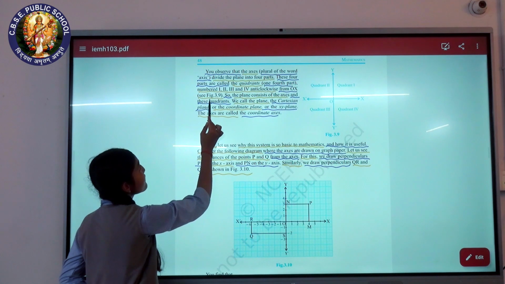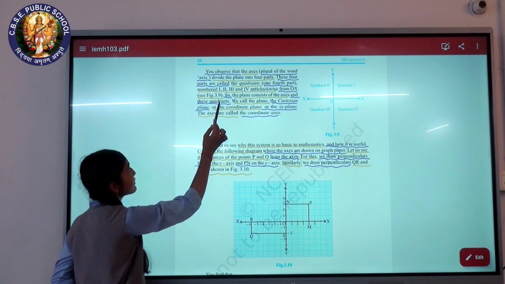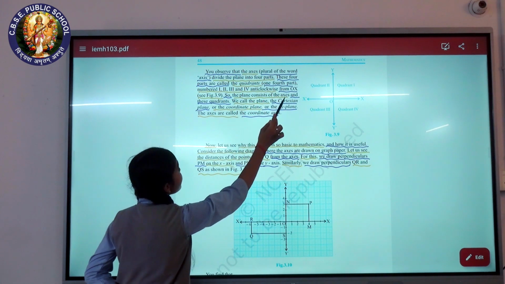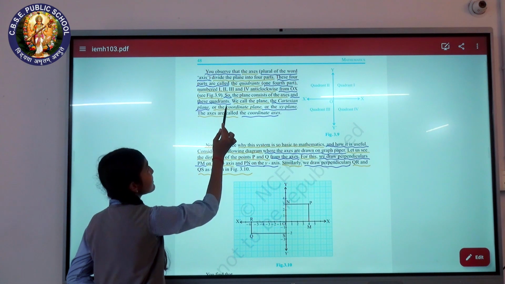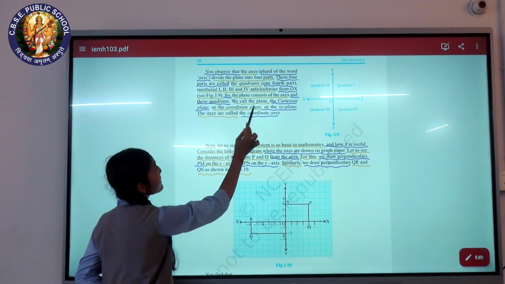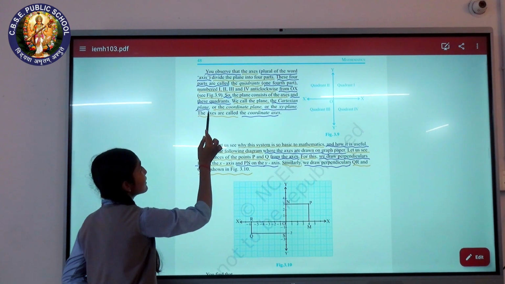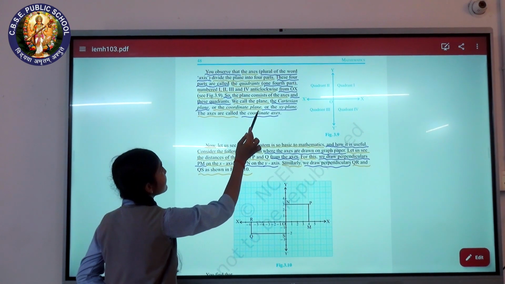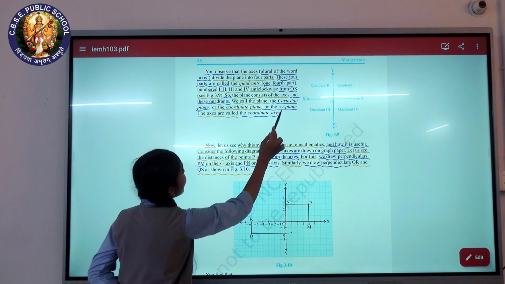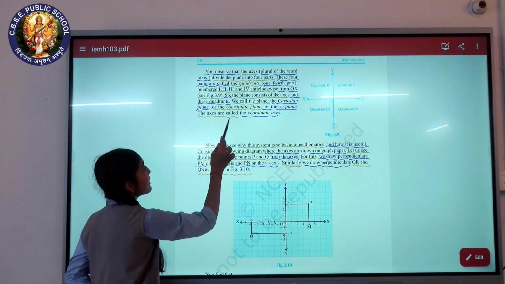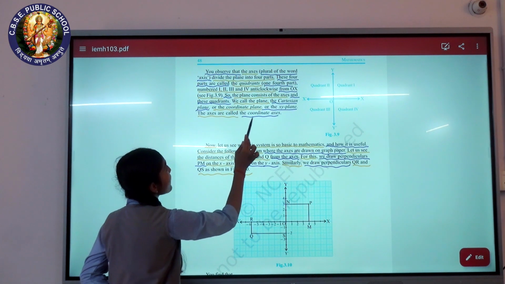See figure 3.9. So, the plane consists of the axes and its quadrants. We call the plane the Cartesian plane or the coordinate plane or the xy plane. The axes are called the coordinate axes.